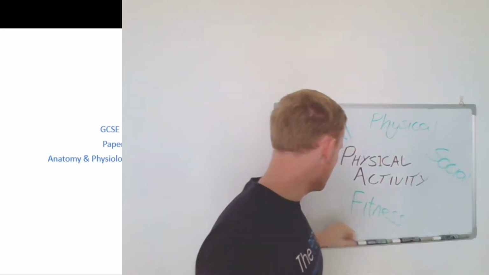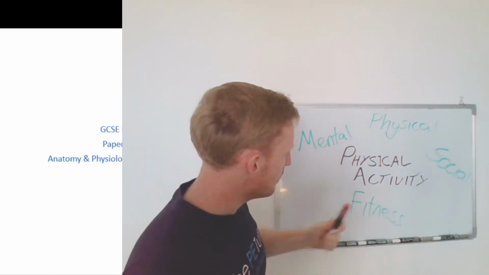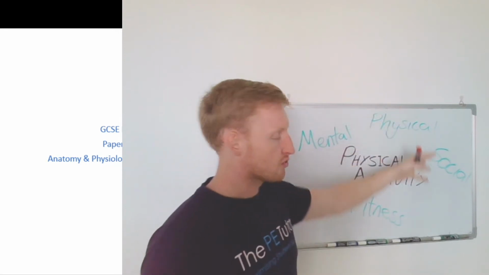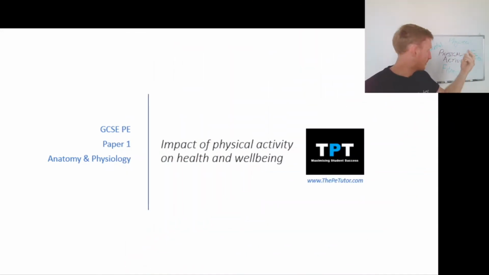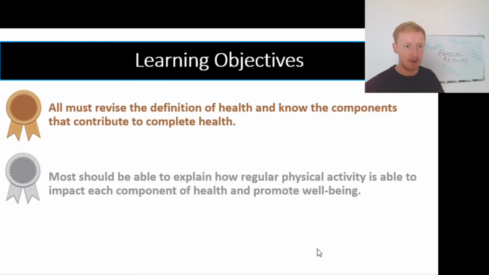And to start with, first of all, we are going to look at, just to remind ourselves of, the definitions and the factors which make up these parts of our health. So by the end, we will know how physical activity is impacting on these components, and you should have a list of things to remember.